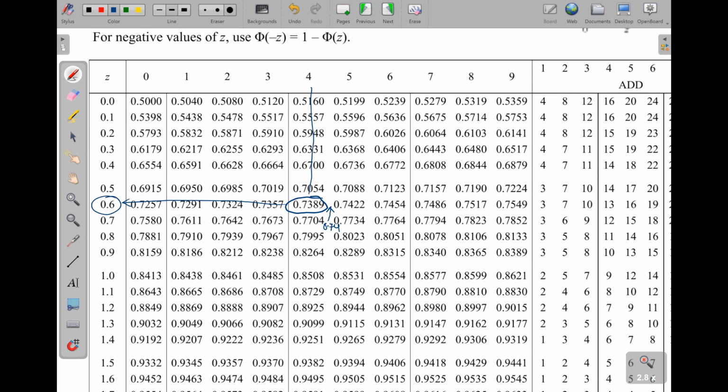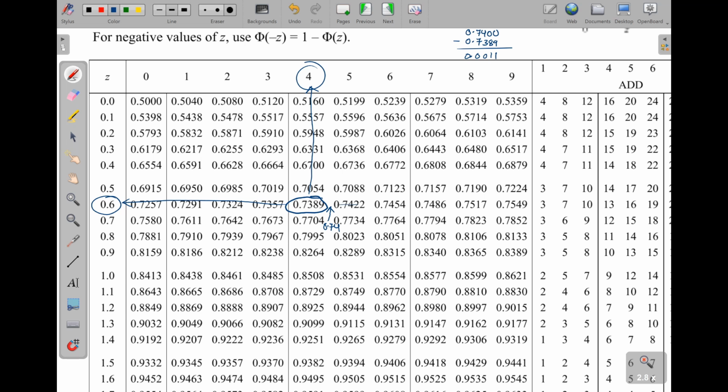Then I'll come here and pick this one, 4. Then there is something we need to add onto this 0.7389 to get the 0.74. So we find it out. We shall get 0.7400. Then we subtract 0.7389. And then this one will give us 11 here.